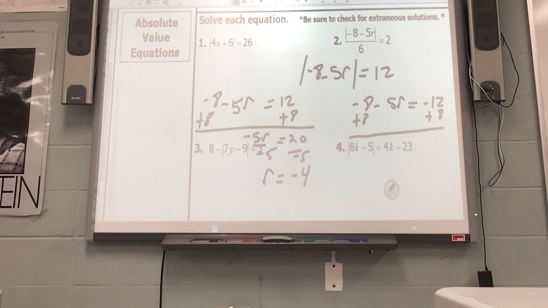So this one gets us negative 5r is equal to negative 4. So we're gonna have a fraction or decimal this time. Divide by negative 5. Negative divided by negative is a positive, so we just get 4/5.